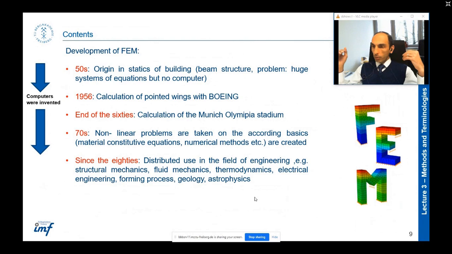So doing such a calculation for the structure was not easy. So they tried to use the FEM concept and FEM idea to solve the problem in the way that they assume each beam as one element.